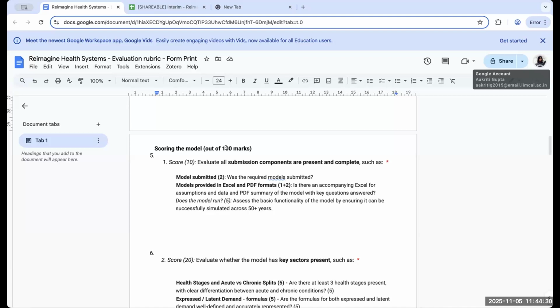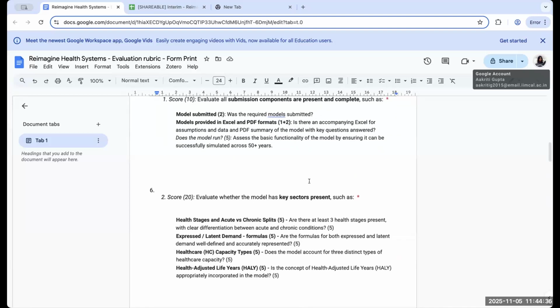And the second is that the groups now get abundant feedback. So this sheet was shared with everybody. We had around 55 students, I think, and each person got 2 other models to review and critique.